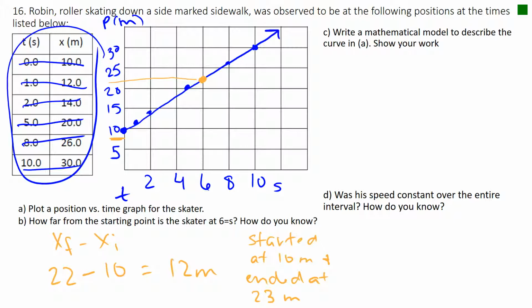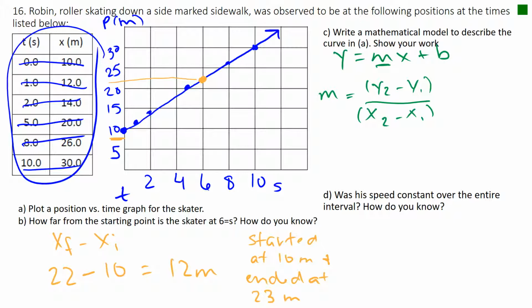So I'm going to do that in green. That means we have to do y equals mx plus b. So first thing we're going to do is find m. M is equal to the change in y divided by the change in x. All right, so the points I'm going to pick are this point right here, which is at 10 and 30, and then the starting point of 0 and 10.